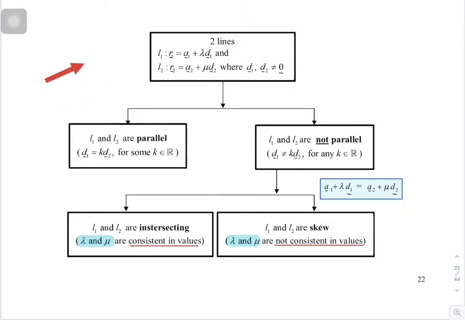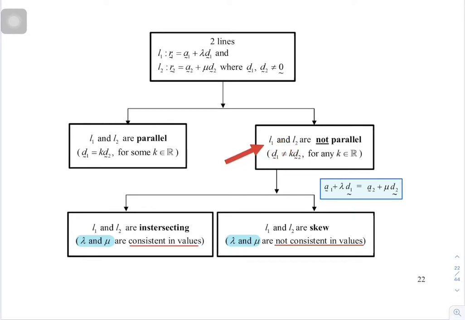Now we can use this simple flowchart to determine whether two lines are parallel, intersecting, or skew. Given two lines L1 and L2 with two equations like this, the two lines are parallel if the direction vectors can be written as a scalar multiple of the other. However, if the direction vectors cannot be written as a scalar multiple of the other, then L1 and L2 are not parallel.